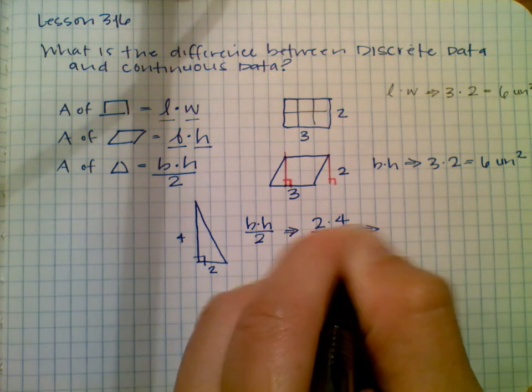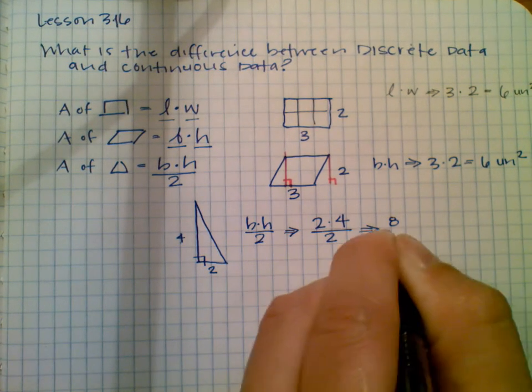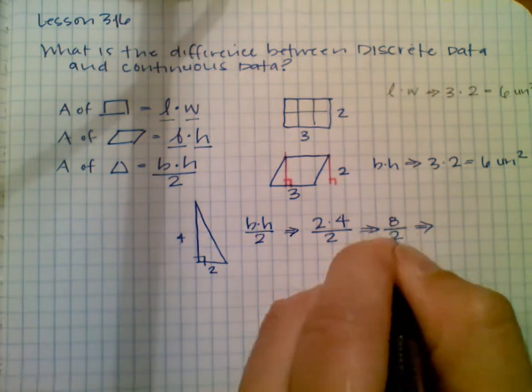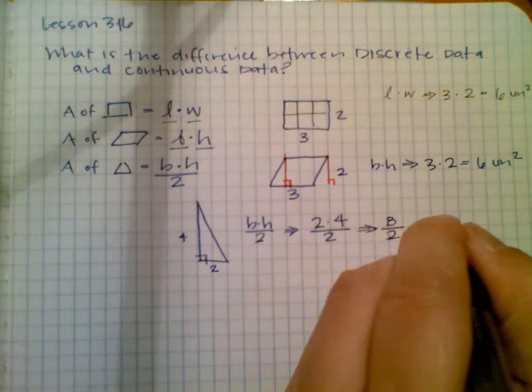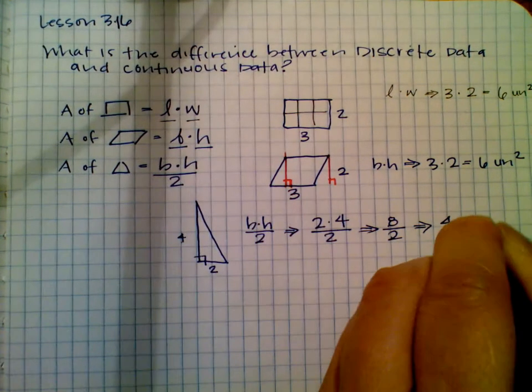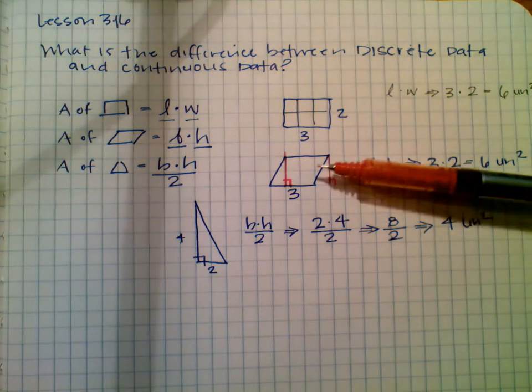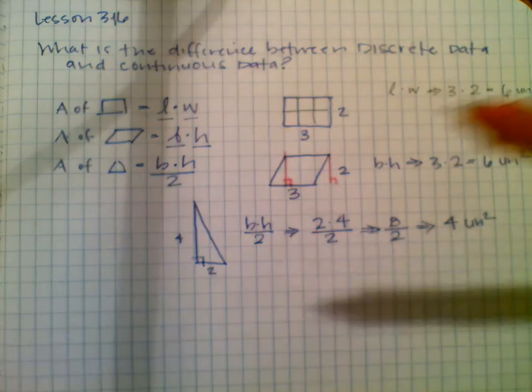Let's continue simplifying. 2 times 4 is 8, all over 2. 8 divided by 2, or how many 2's can I take out of 8, would be 4, and we need our measurement units squared. So that's how we find the area of quadrilaterals, parallelograms, and triangles.